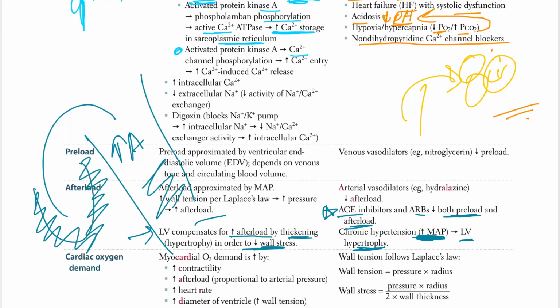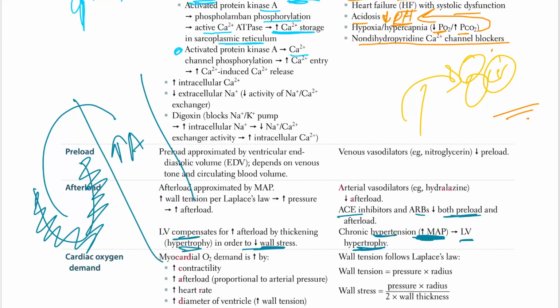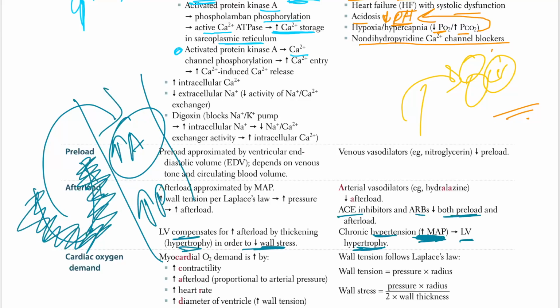That's exactly what they're trying to say. Left ventricle would compensate and go into hypertrophy. Even with chronic hypertension, what do you have? What's hypertension? You have an increase in the afterload. The pressure is increased, causing an increase in afterload. The heart has to push harder to put the fluid into the aorta and all the other vessels. So it's going to go into hypertrophy.